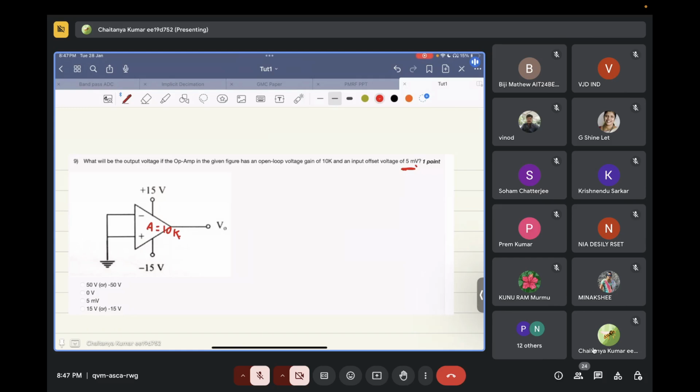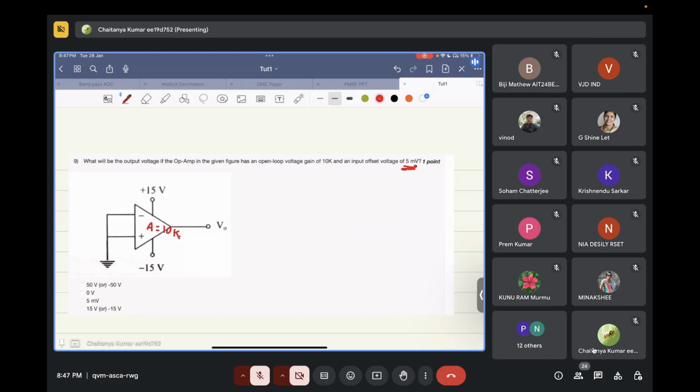Okay, so it's asked what will be the output voltage in this configuration. Now, when the offset is given as 5 millivolt, the offset is always due to random mismatches. So it's always a statistical term.